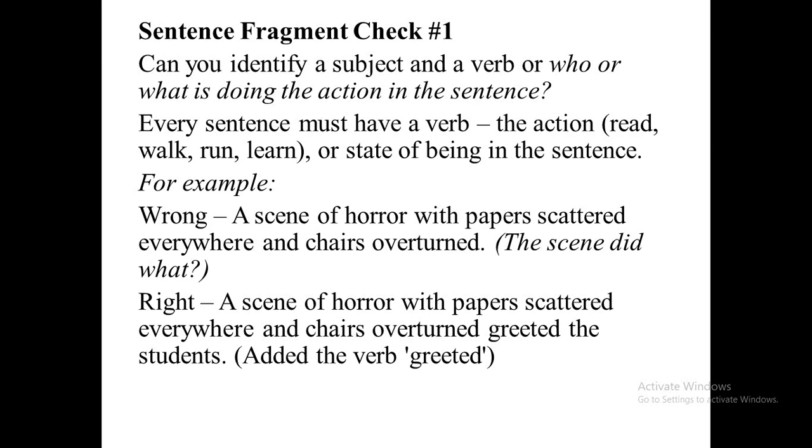For example, the first example is written wrong: A scene of horror with papers scattered everywhere and chairs overturned. Now, the scene did what? The right one is: A scene of horror with papers scattered everywhere and chairs overturned greeted the students. Now we have added the verb greeted.